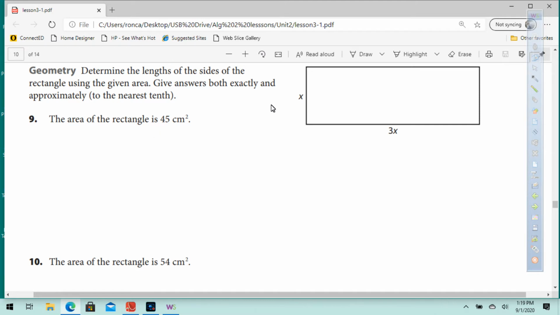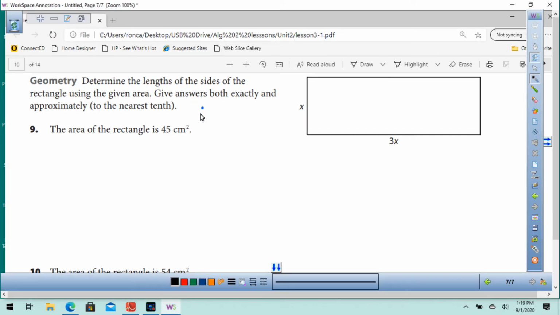Well, remember, area of a rectangle is length times width, right? All right, so what do we got here? We got the width is x, the length is 3x, so we're going to have 3x times x, and that's going to equal 45. Okay, so this is 3x squared equals 45.